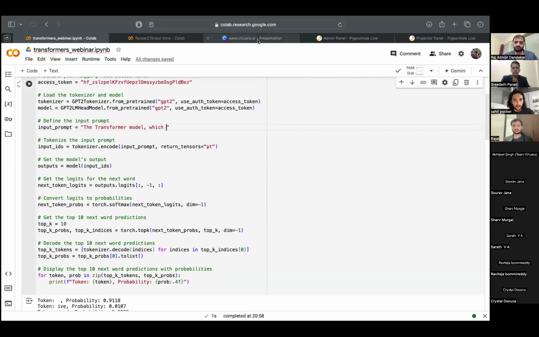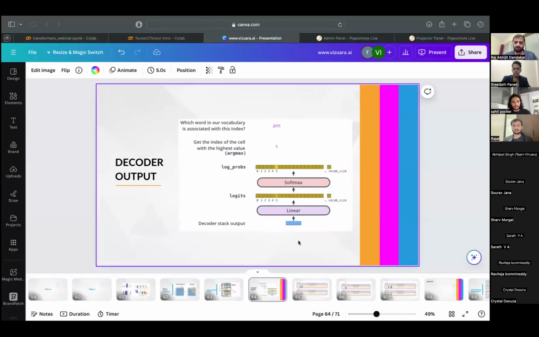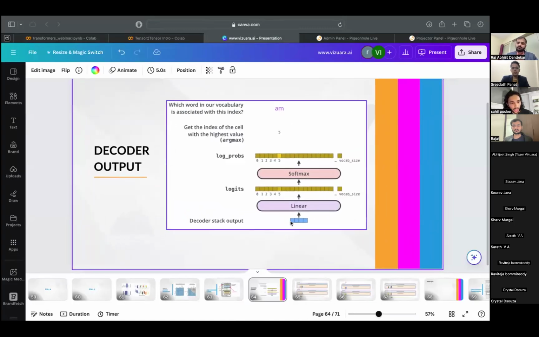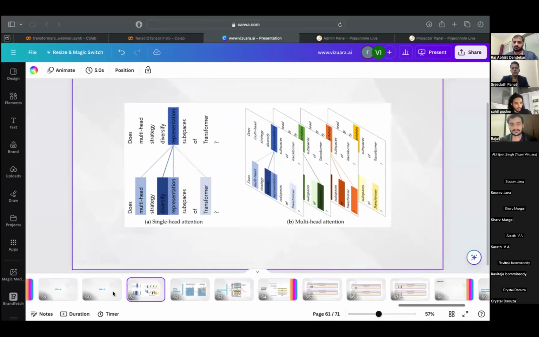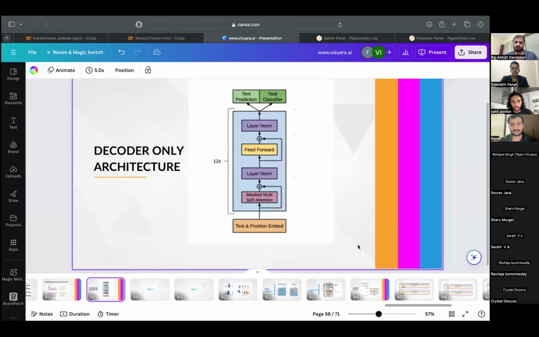But let me show you how exactly GPT-2 generates that final output. We have the decoder stack output, as in we have all of these decoder stacks, let's say 12 stacks for GPT-2. In each of these stacks, we have the masked multi-head attention and the feed forward, and you have 12 stacks of these.